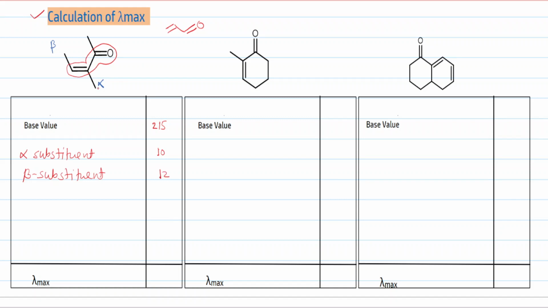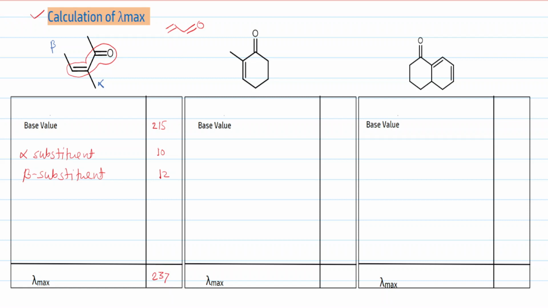No solvent is given here, so no subtraction or addition for the solvent. Then we add these terms, and finally we get the value that is 237 nanometer. It is the wavelength, that is the lambda max value for this compound.